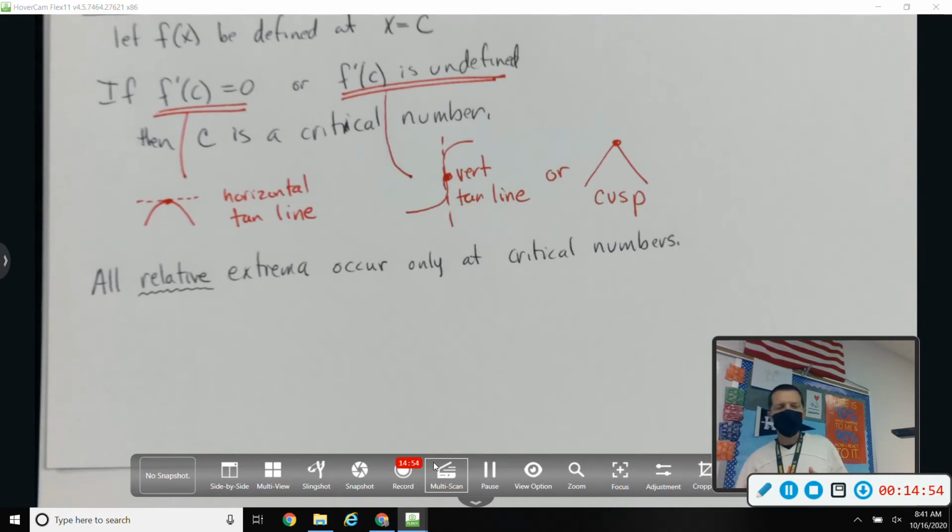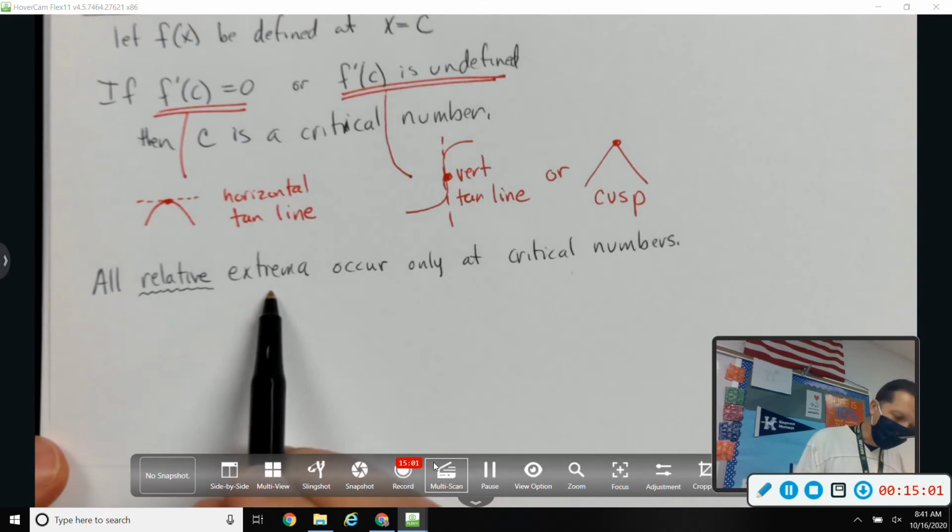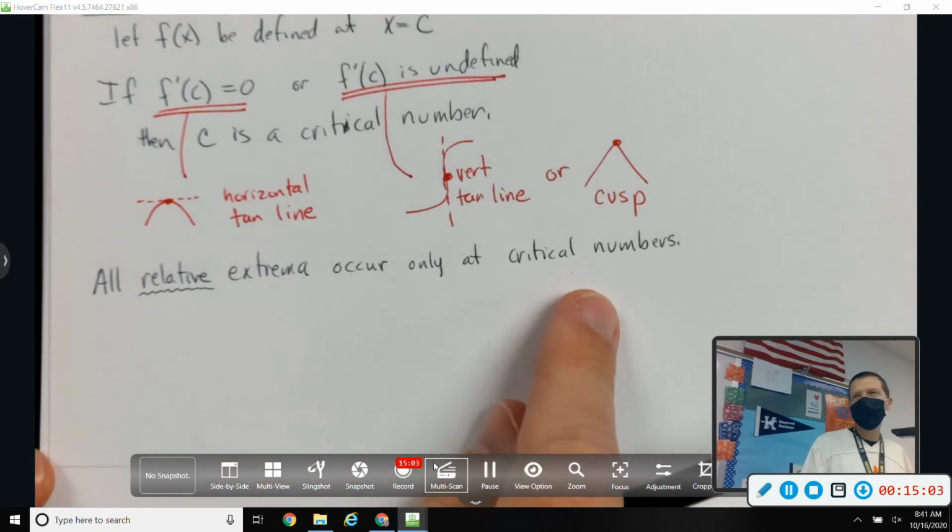Phrase it a different way. Going backwards, not all critical numbers make extrema, but all extrema come from the pool of critical numbers.